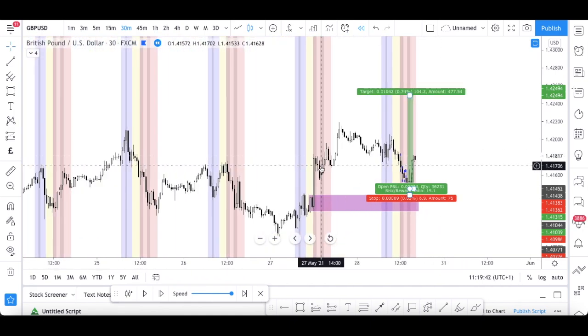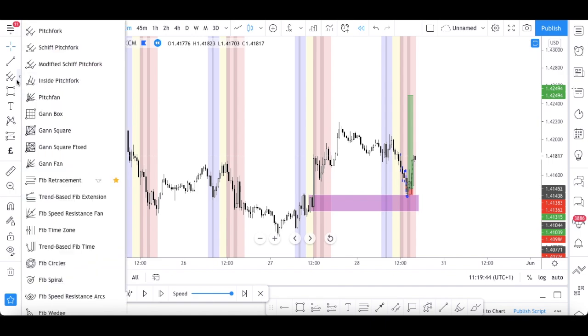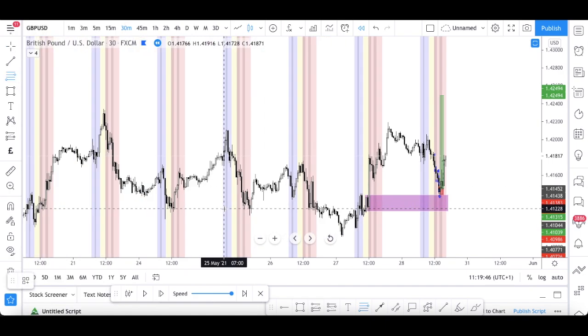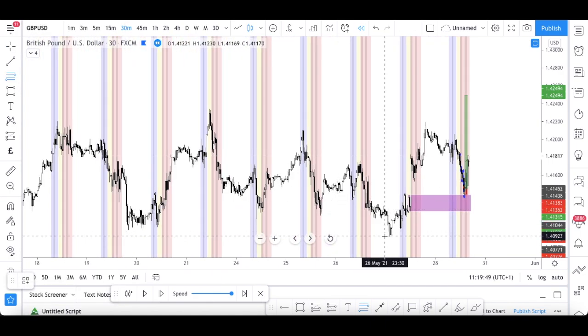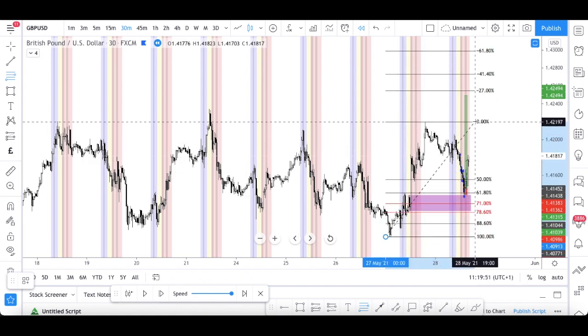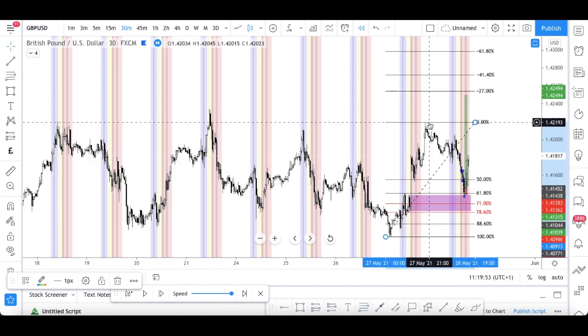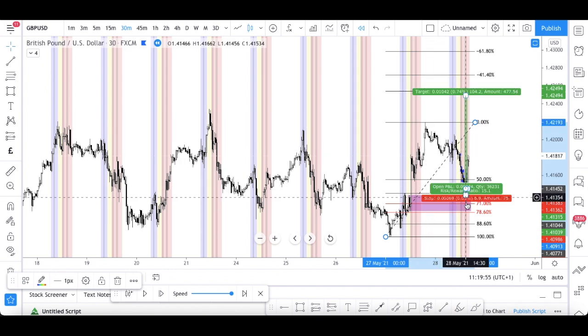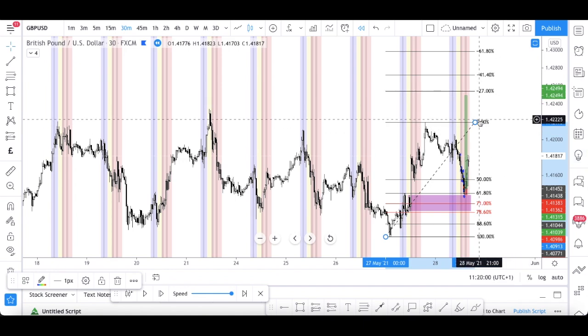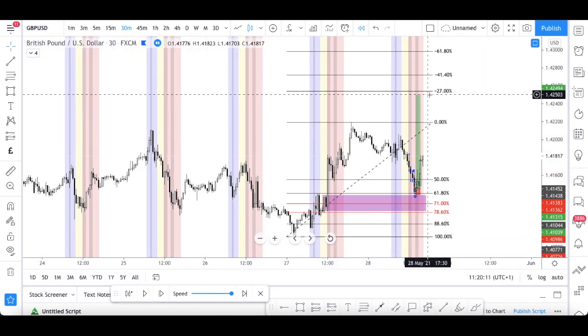And another way to be looking at this was you could be using the Fibonacci extensions on the retracement. So we know that the impulsive move was from here to here. From here to here, we had a retracement. It came into the 61.8 retracement level. And looking at where that 1.425 level actually lines up with, it's just below the negative 27% extension level on the fib. And I have in the past used these extension levels as profit-taking areas.